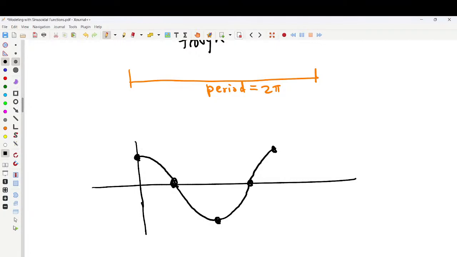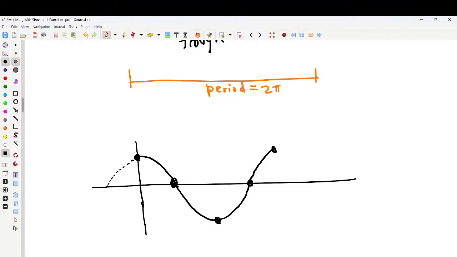I don't even really use the word crest and trough with cosine graphs, but I am right now, though I probably won't anymore. This is like half of a crest, as if it started over there. Let me back this up a little bit. If I could extend this backwards, then I would say there is a crest followed by a trough. And so that looks just like a sine graph, except it's been shifted backwards.